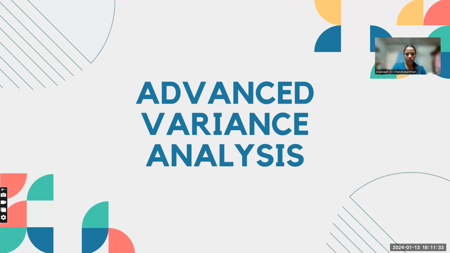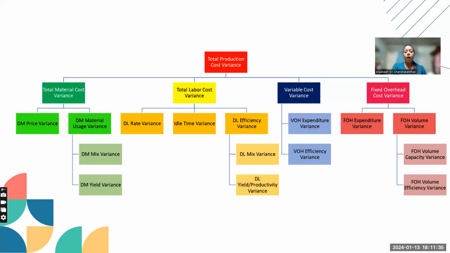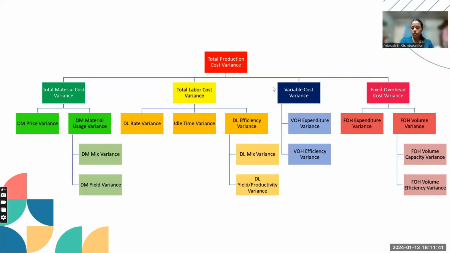Okay, students. So moving forward, advanced variance analysis. Students, this is not something new. This you already know. This advanced variance analysis is just an additional point that is getting added up to the previous knowledge that you have already gained.